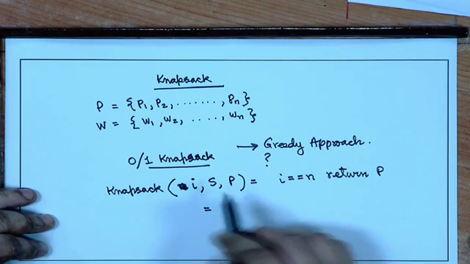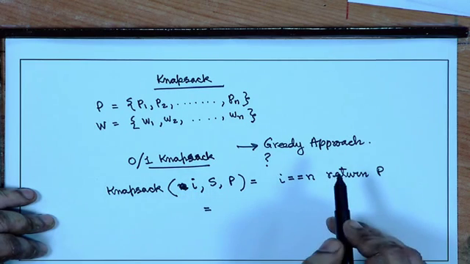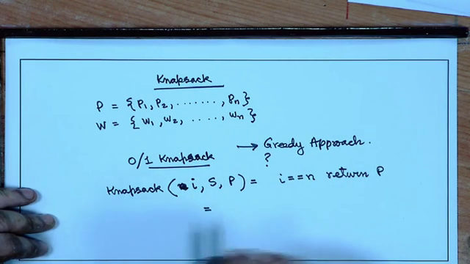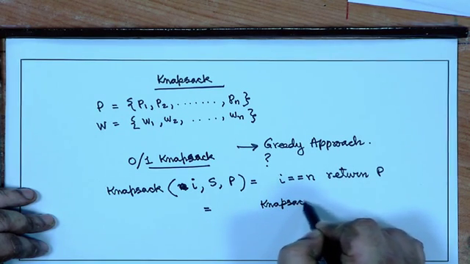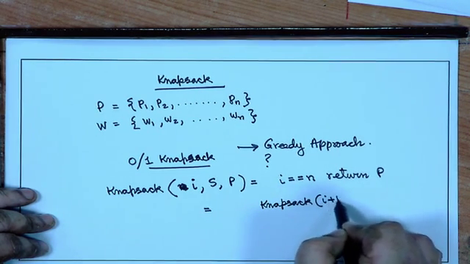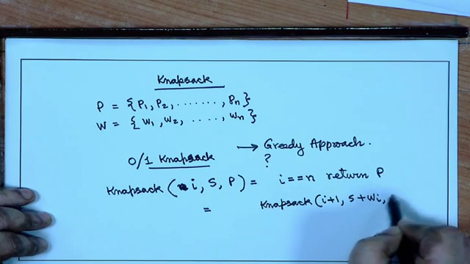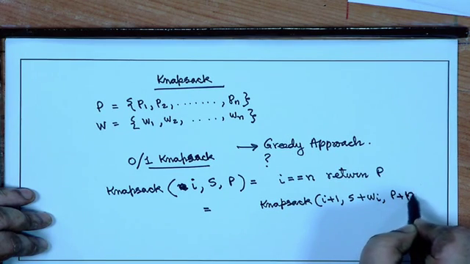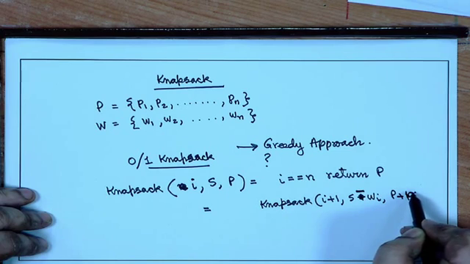Otherwise, you take the item I and decide whether you will choose the item or not choose the item. So, one option is you will choose the item and go to I plus 1. If you choose the item, then it is S minus Wi and P plus Pi.